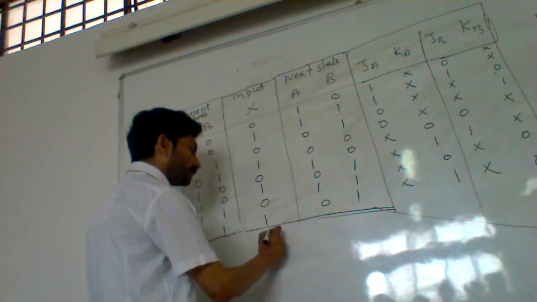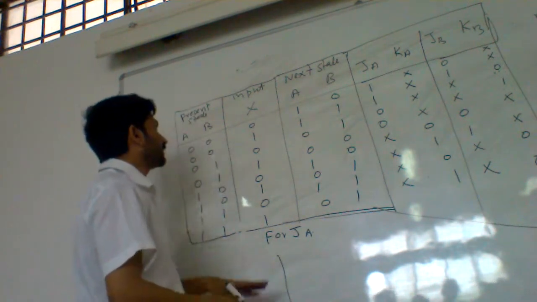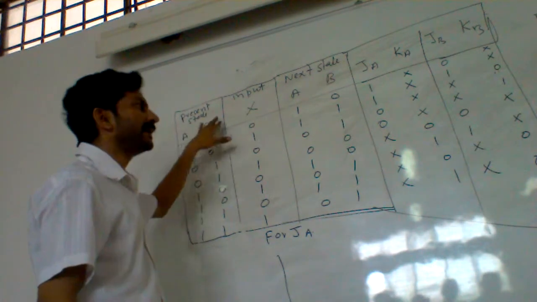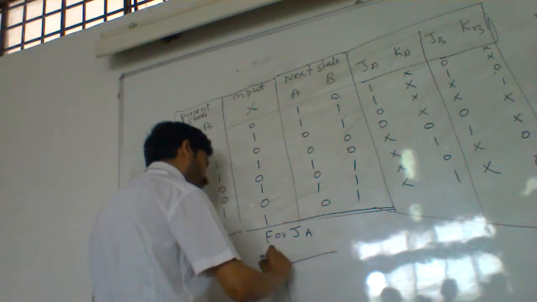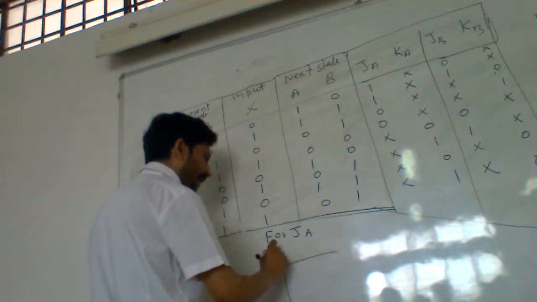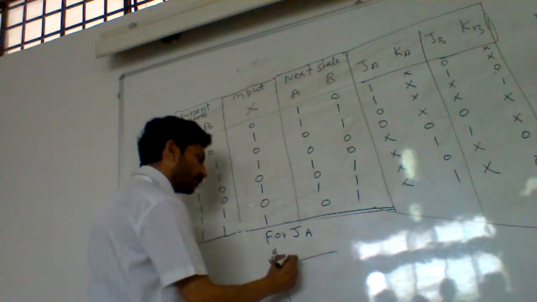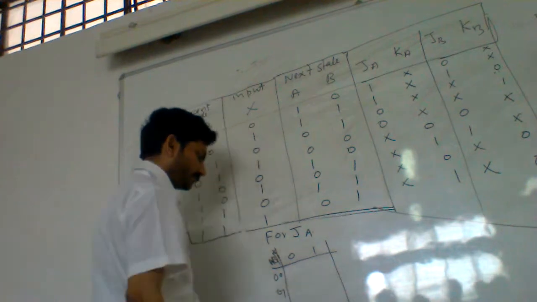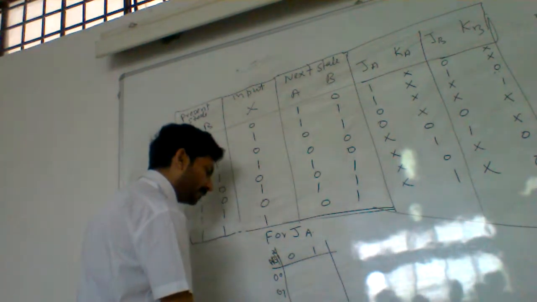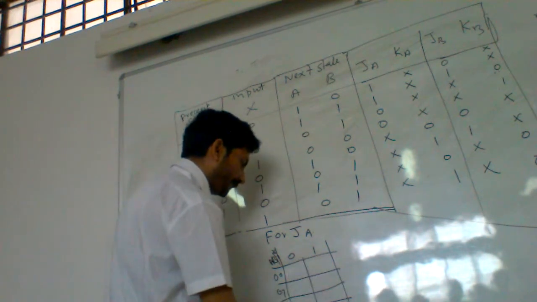So for JA, there are 3 variables: the present state AB and X. You can take AB on one side and X on the other side. So the labels are 00, 01, 11, 10 for AB and 0, 1 for X. Now complete the entries.